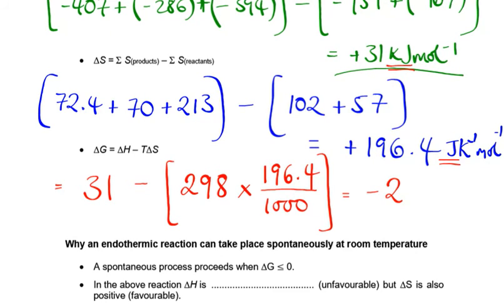And I worked that out to be minus 27.5, and that will be in kilojoules per mole.